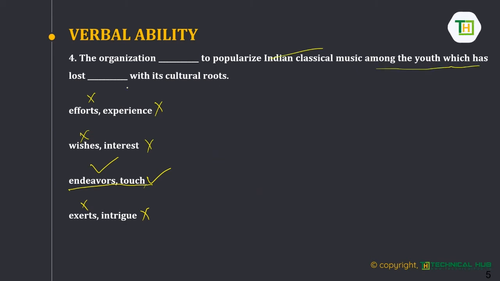Lost the touch means in our childhood we used to listen to songs on radios, and sometimes even my mother used to sing. But these days nothing is there. That's why you have lost the touch with its cultural roots. That's why option C is the apt one for this.